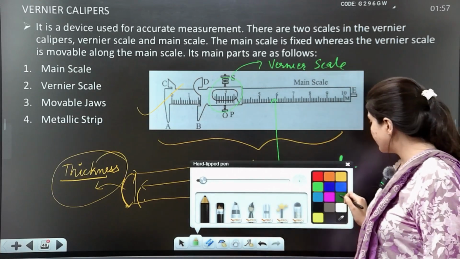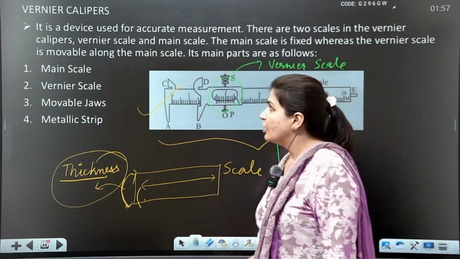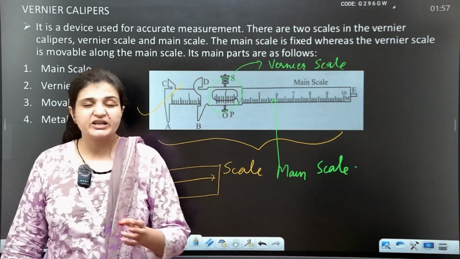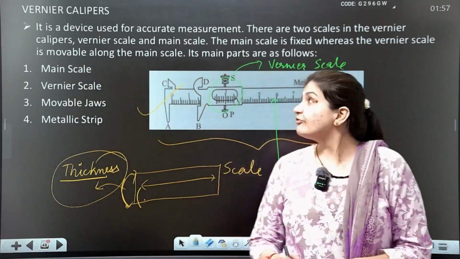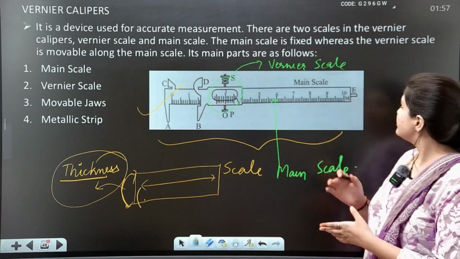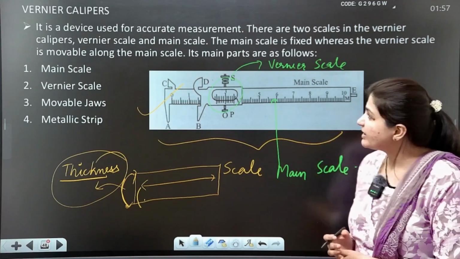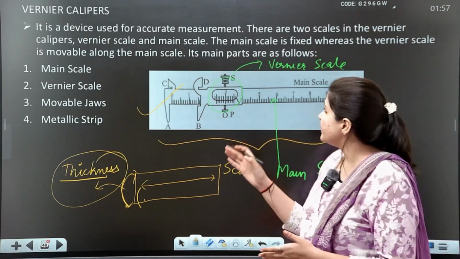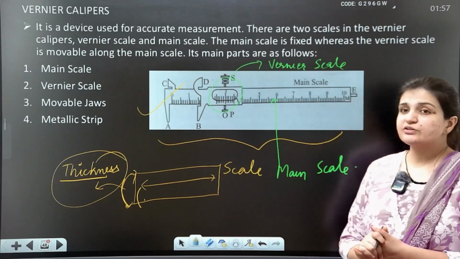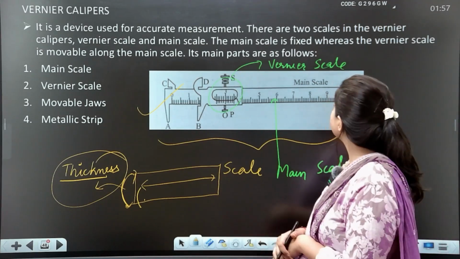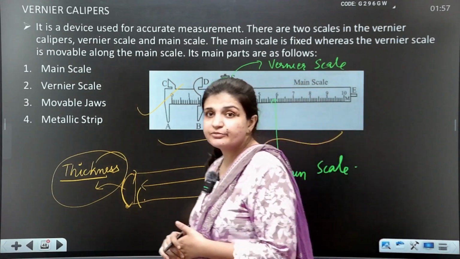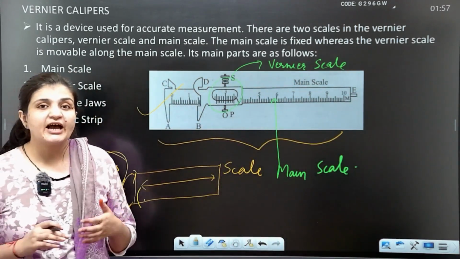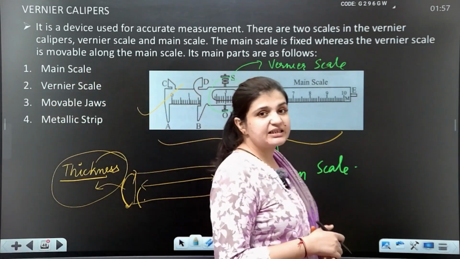So students, the vernier caliper is a device used for accurate measurement. There are two scales in the vernier caliper: the main scale, which is fixed, whereas the vernier scale is movable.